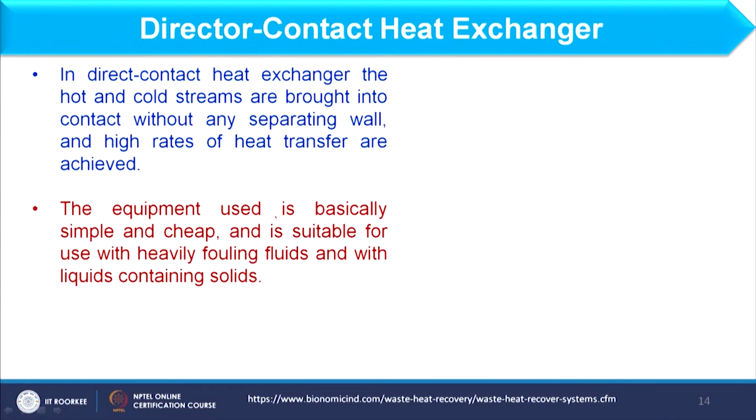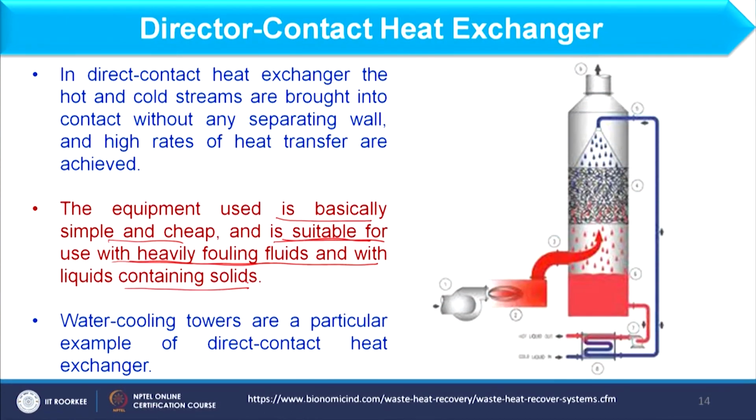So the equipment used for direct contact type is basically simple and cheap, and it is suitable for use with heavily fouling fluid and with liquid containing solids. Okay, so when I am dealing with high fouling fluid where we can have reduced heat transfer coefficient, that fluid can be handled easily in direct contact type.